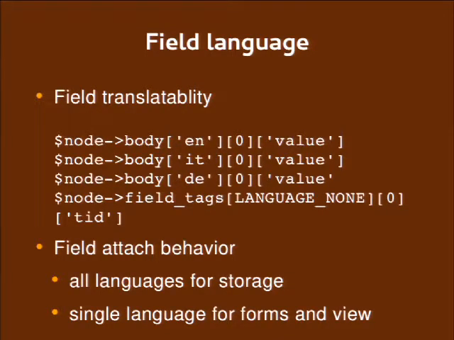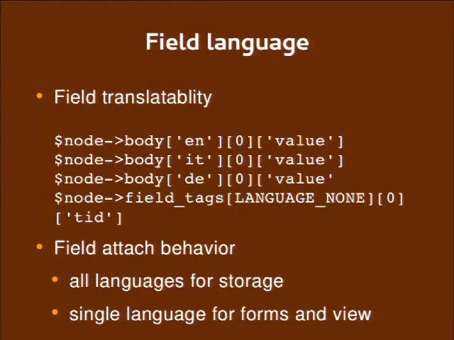Okay, let's see the language part with some more details. What affects what you will find in the language level is field translatability. What does that mean? That a field may or may not have multiple languages. In core, fields are created by default with no translatability, so the translatability is disabled.